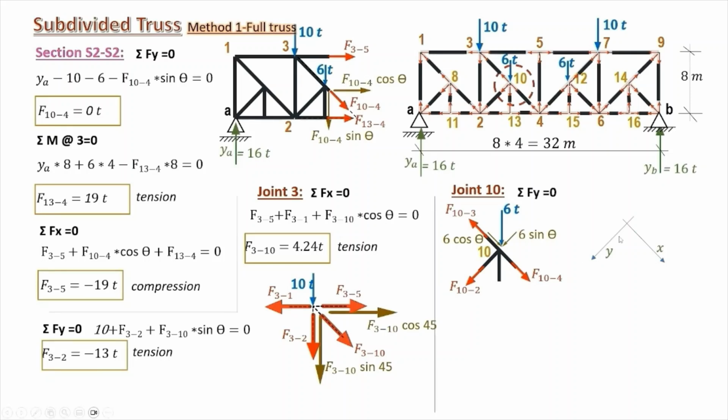Taking equilibrium in this y inclined direction gives that F10.2 equals minus 4.24 tons, compression force. This concludes our first method, computing the subdivided truss altogether as the traditional method.